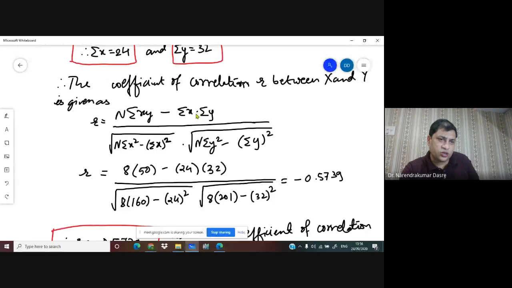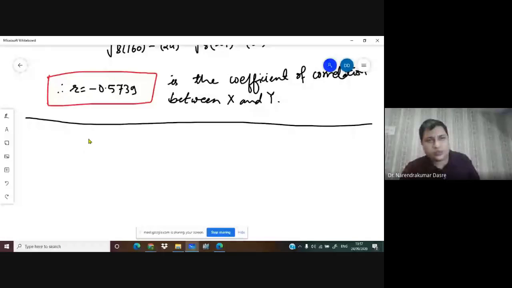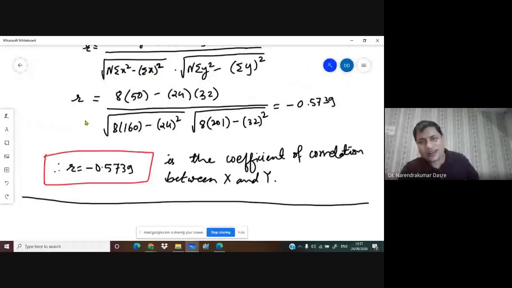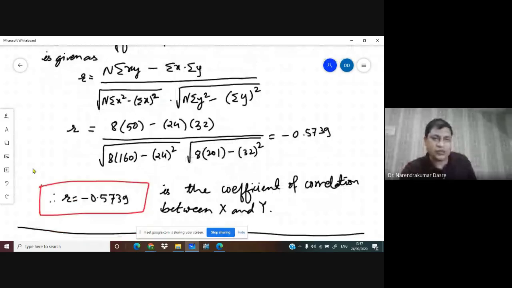So it is always better, if you have a calculator, to use the actual mean. But if you find difficulty in using the actual mean, then you can use the assumed mean. But then later it will increase your calculations. Either you calculate the table and make it easy, or you calculate the table as it is with the assumed mean, and then calculate r using this formula.